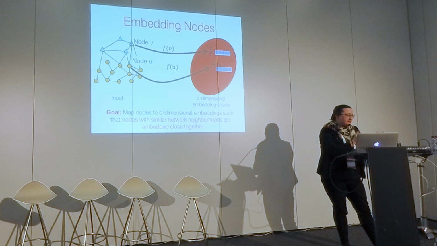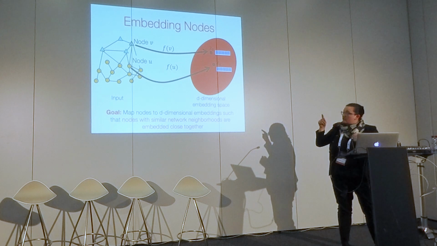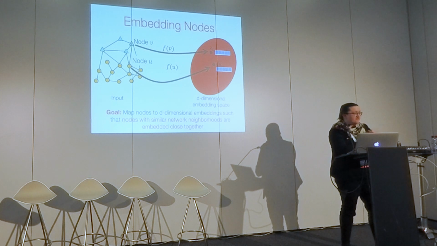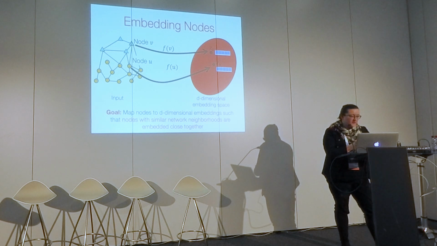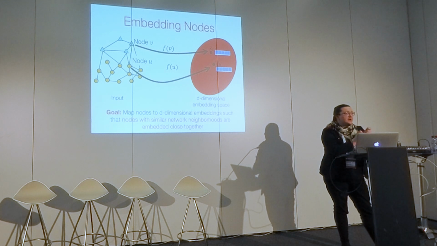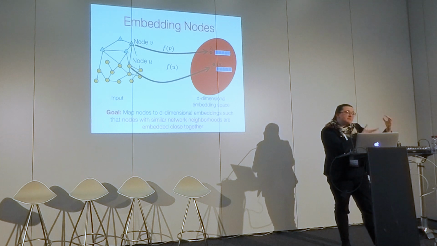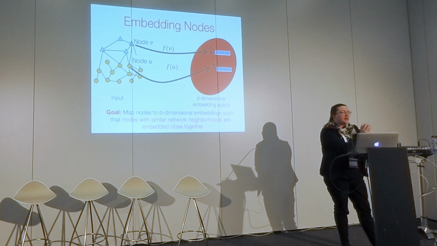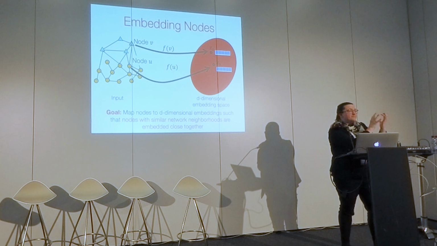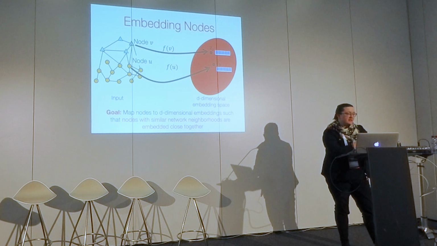Now, the complexity is hidden in that function f. And that function f is defined through a notion known as graph convolutions, which operationalizes the idea that two nodes that have similar neighborhoods, so that have similar local interaction structure, should be embedded close together in the embedding space.